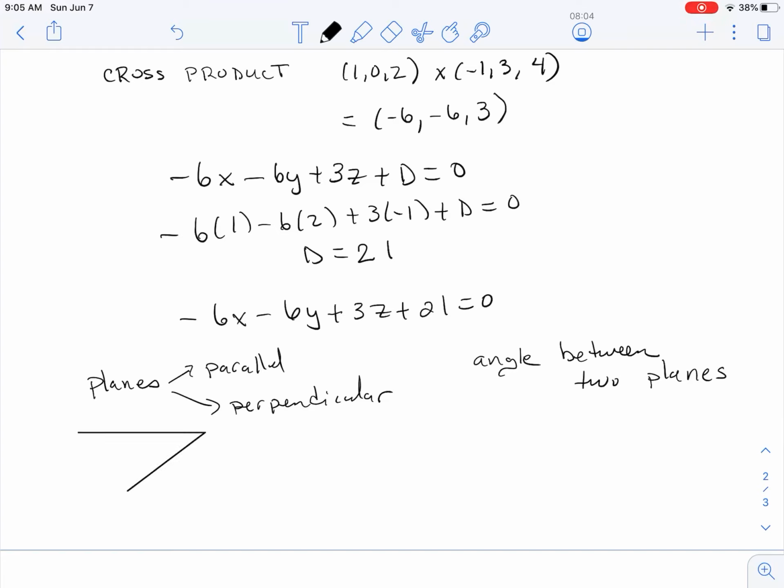So again, parallel planes. Now these planes, they're all over the place, and they intersect, and a lot of them are parallel. So that's not a very good plane there. So let me see if I can do a better job there.